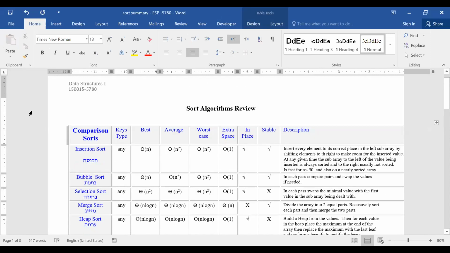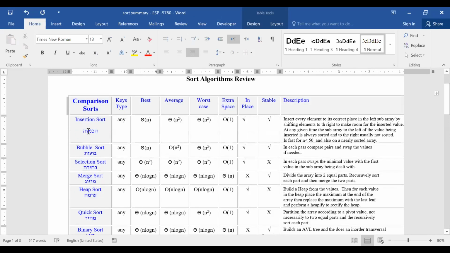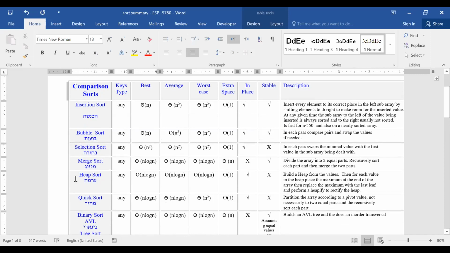So basically you have a page with two sides to it. The first side has all seven comparison sorts: insertion sort, bubble, selection, merge, heap, quick, and binary. You have the key type, which makes a difference for all of them. You have, for each one, the runtime in the best case, the average case, and the worst case, and how much extra space it takes. Obviously, in place or not is according to this column, but if you just want to look at in place or not, you don't care how much.